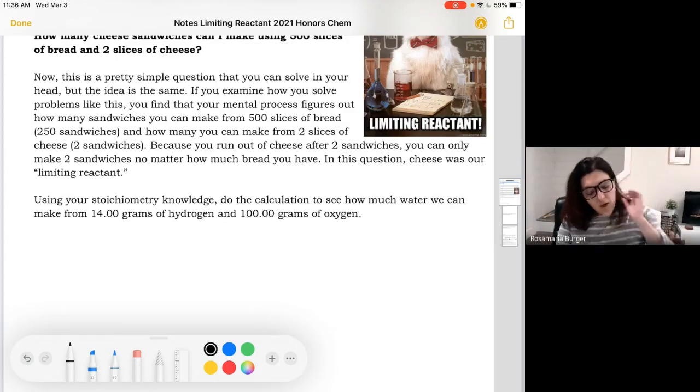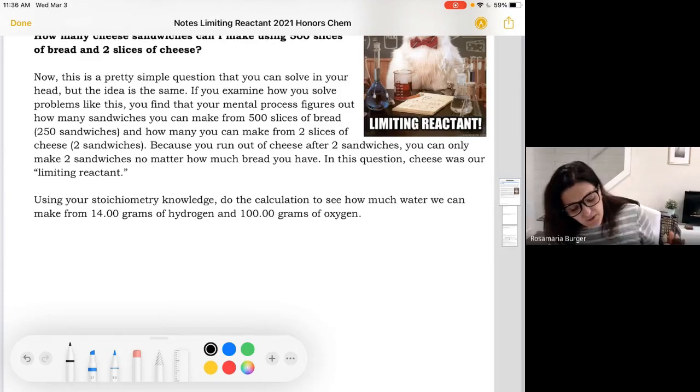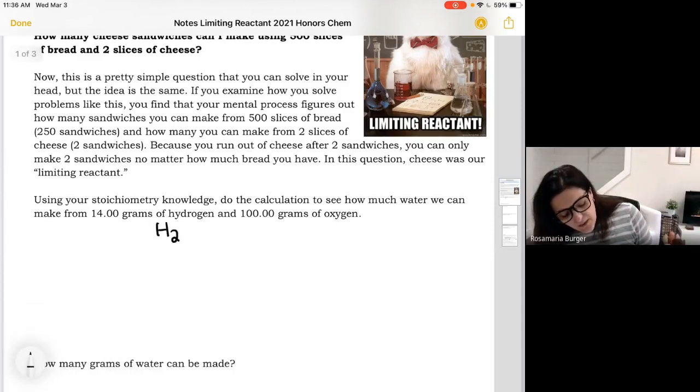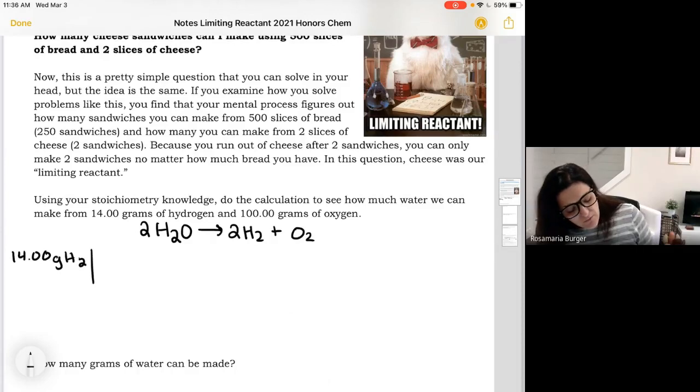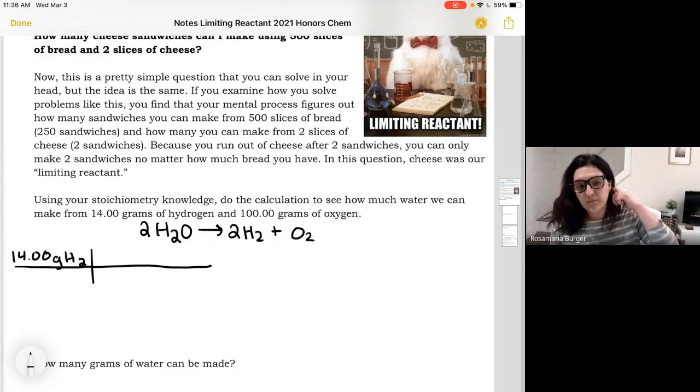I'm going to rewrite my equation here. You guys are probably used to seeing it now. We've got 2 H2 plus O2 giving us 2 H2O. I'm going to start with the first thing I'm given: 14.00 grams of H2, and I have to go to grams of water.